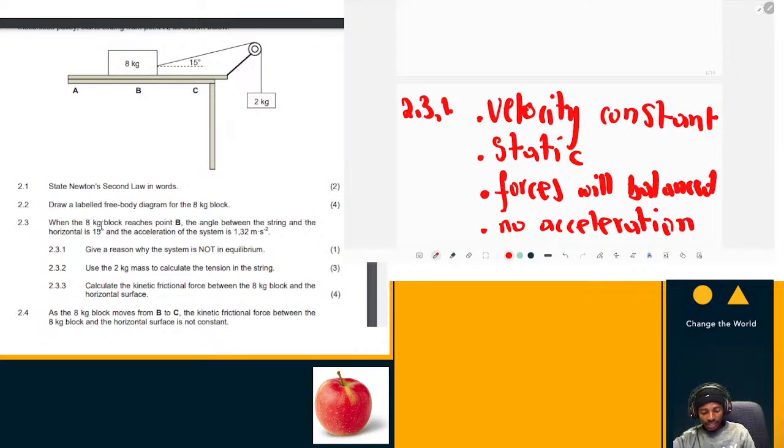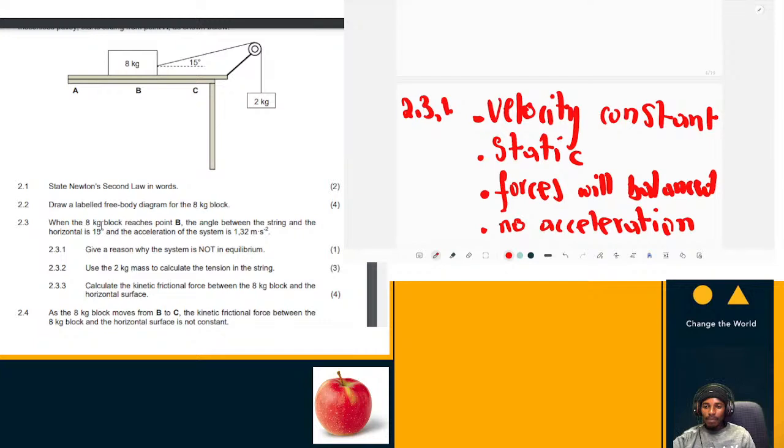So forces are balanced, therefore the net force is 0. If the net force is 0, there is no acceleration. If there is no acceleration, that implies the velocity must be constant, because remember, we define the acceleration as the rate of change of velocity. So if the velocity is constant, that simply implies that there is no acceleration, or the system is static. That means all the objects are stationary. Those are the only conditions under which our system can be in equilibrium.